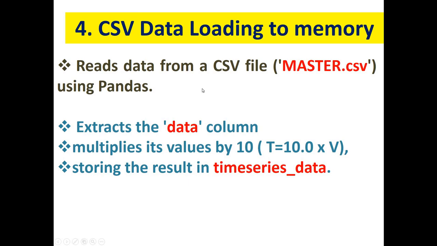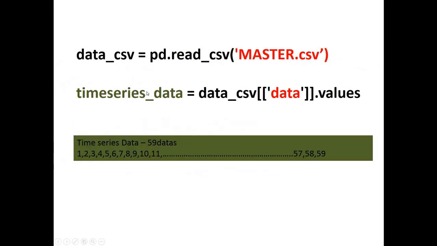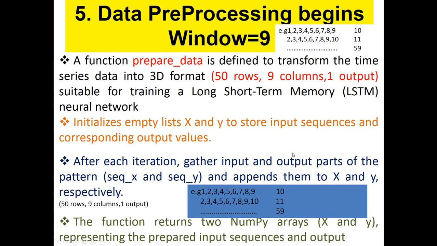So once after it is recorded, the dataset, now you can read from the dataset and put into a time series data variable, and data underscore CSV basically reads all the data from a CSV file, and you can see all the 59 data are read back into the time series data variable.